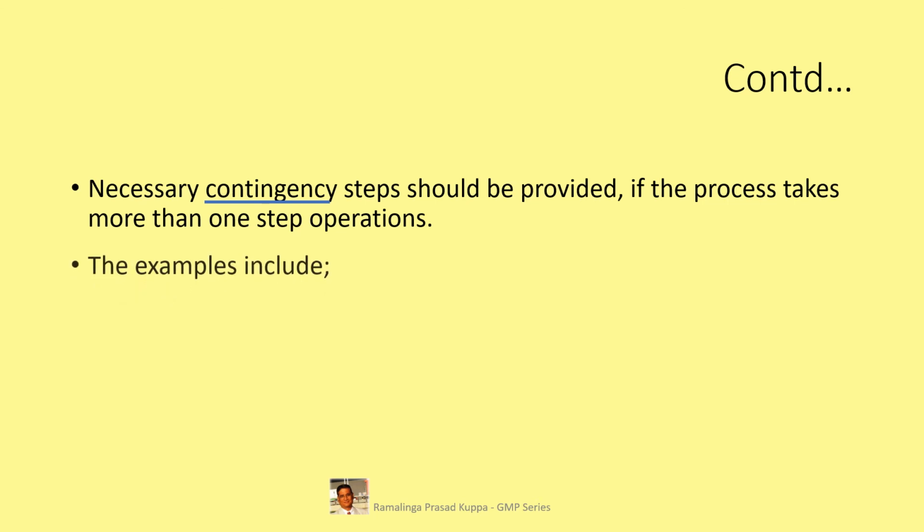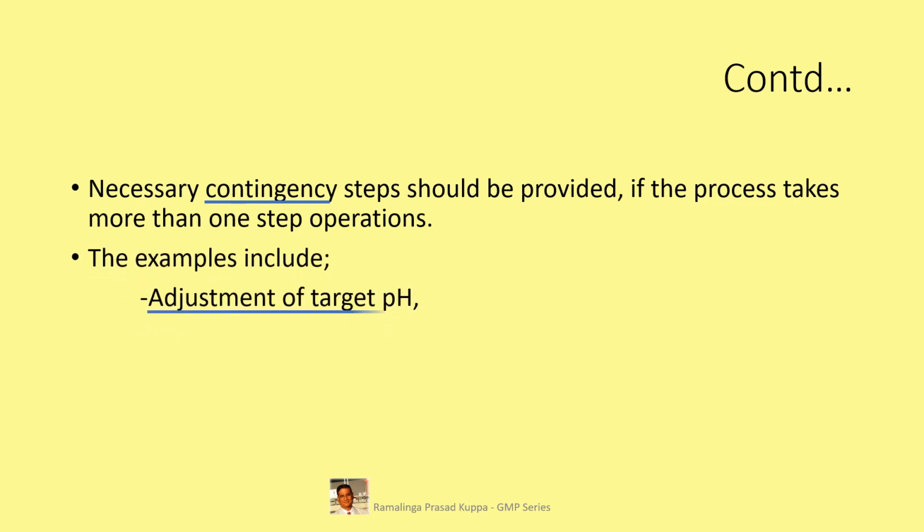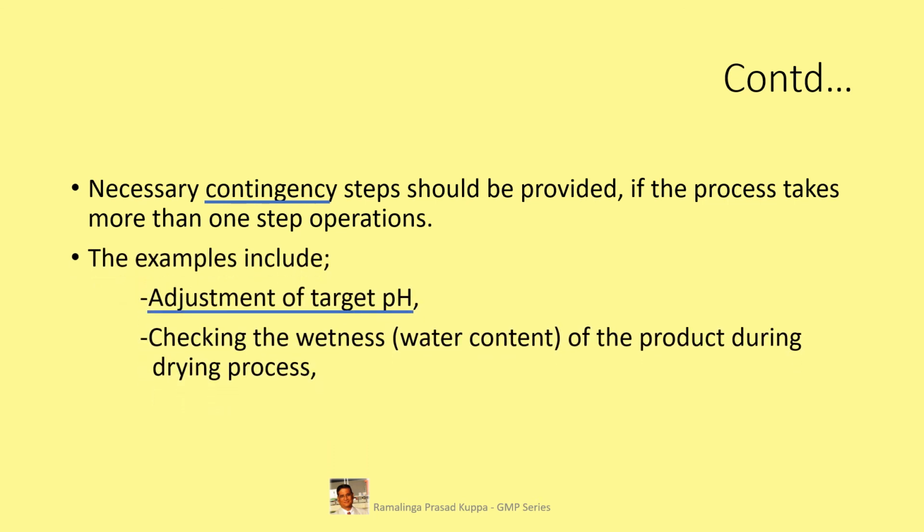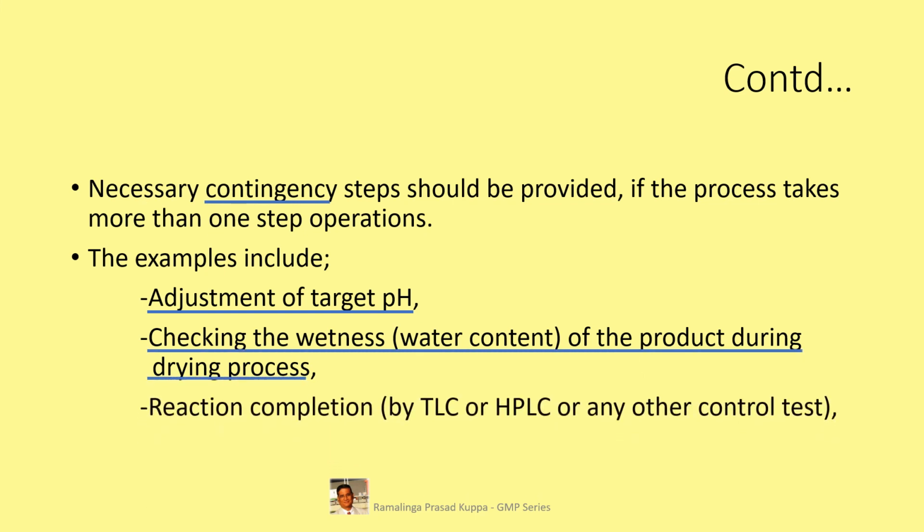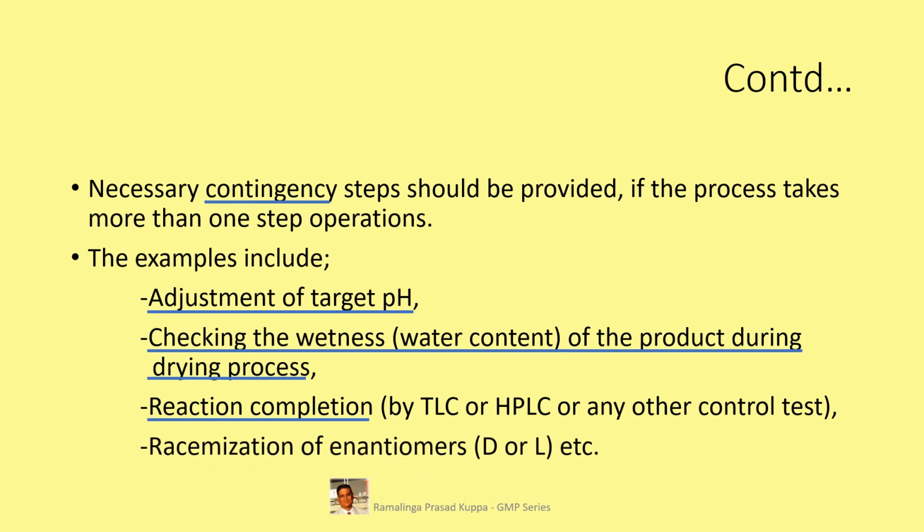Some examples include adjustment of target pH, checking the wetness or water content of the product during drying process, reaction completion by TLC or HPLC or any other control tests, racemization of enantiomers, D or L, etc. For all these kind of adjustments, you need more than one step. So there should be a contingency step provided in the BPCR to record number of times for adjustment.